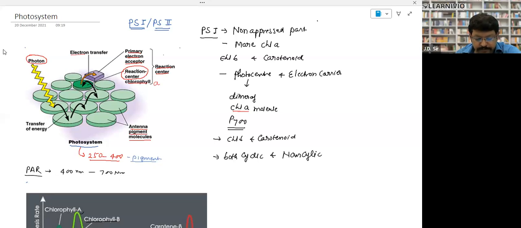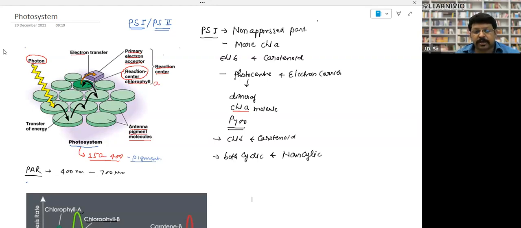Full stop. Each photosystem contains 250 to 400 pigment molecules.